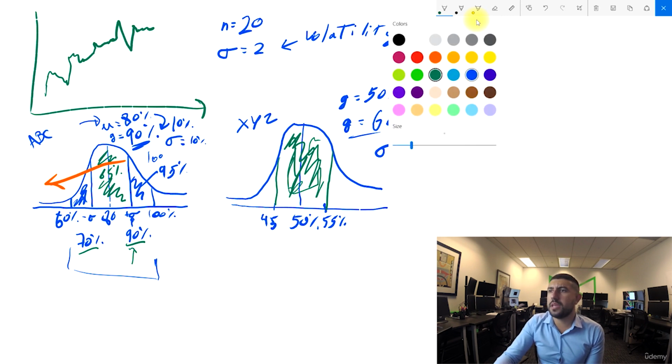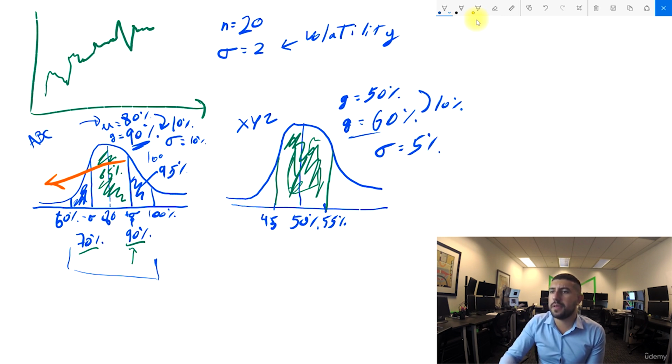Now, if you had 10% more than the group, and one standard deviation is 5%, it's like you have 2 standard deviations more than the group. So 2 standard deviations is here, 60%, which is your grade, and 40%. Between this and this, there's 95 or 96% of the students.